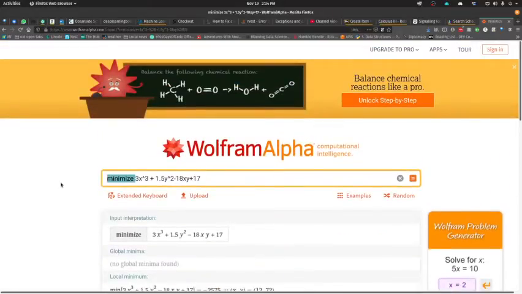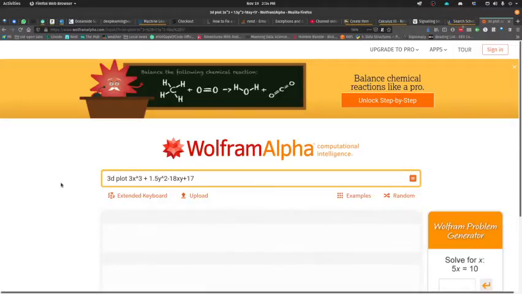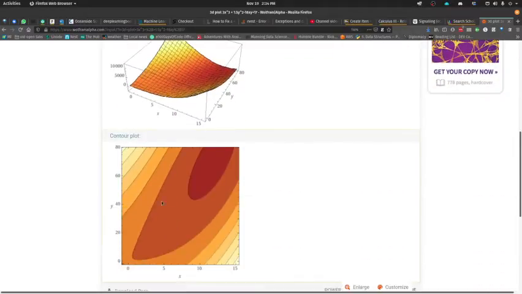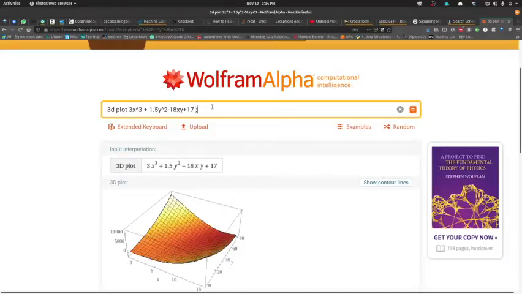Let's go ahead and do a 3D plot on this and see what it looks like at 0, 0. So 0, 0, can I restrict this to x? I wonder if this notation is going to work.